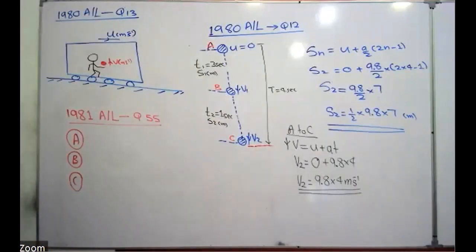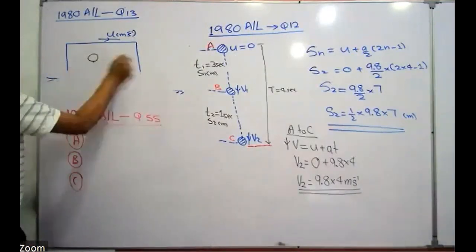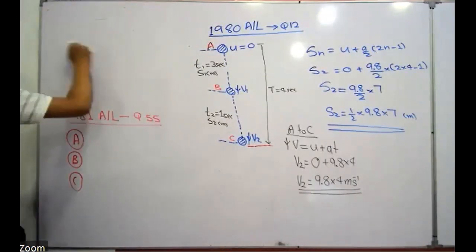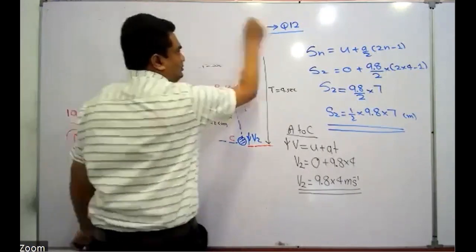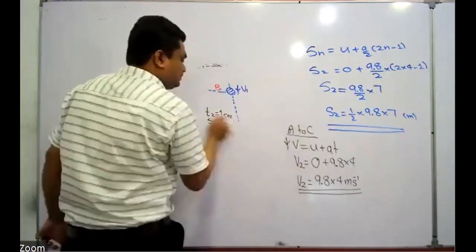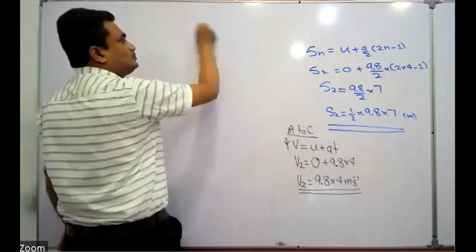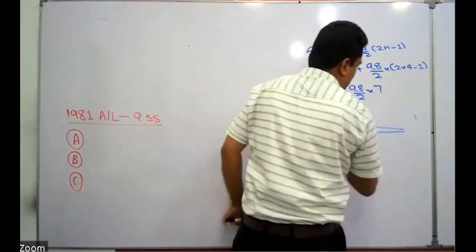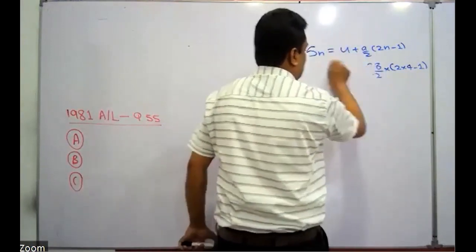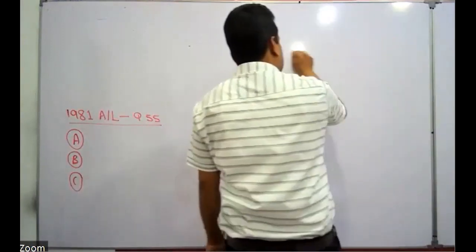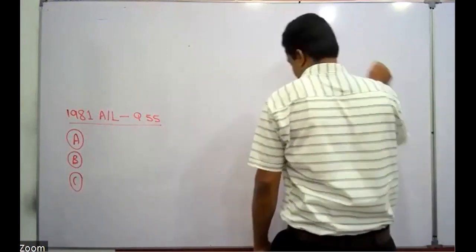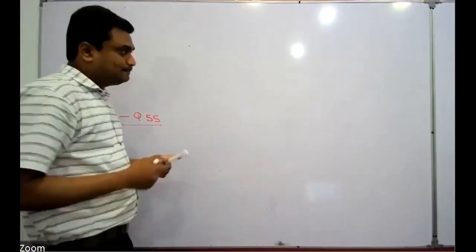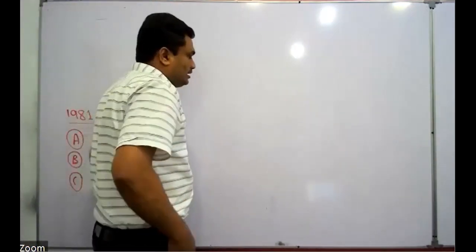Initial projected velocity is not given. Am I right here? Question tells us, right?